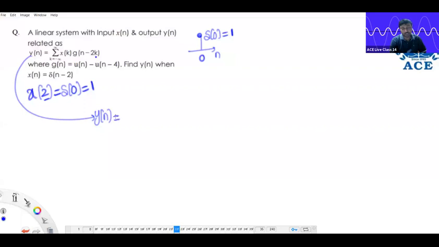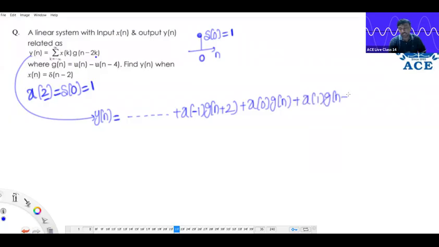Expand the summation, sir. For k value minus 1, it means x[-1] g of n plus 2. For k equals 0, x[0] g[n], x[1] g of n minus 2, x[2] g of n minus 4, like that, a series of terms. But our input is valid only for which samples?